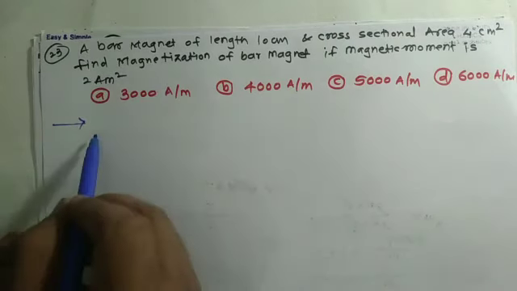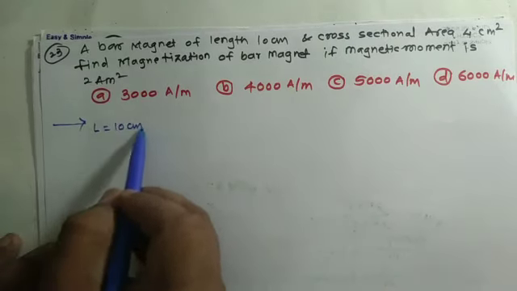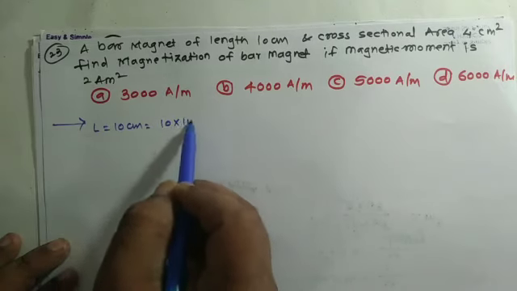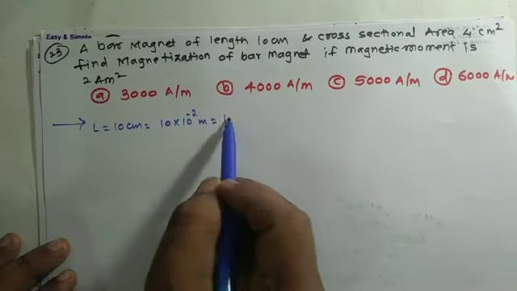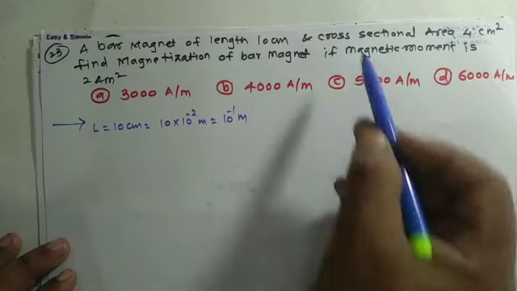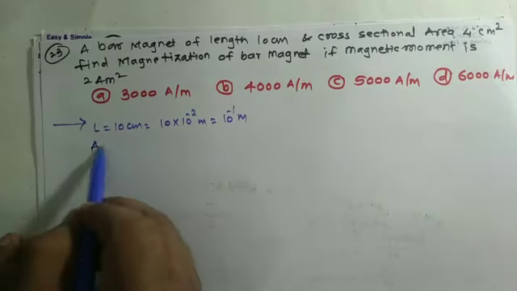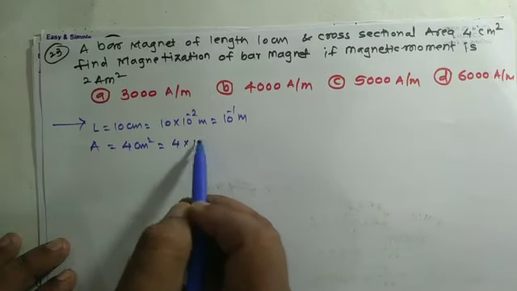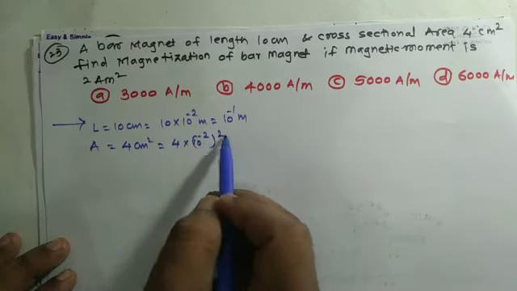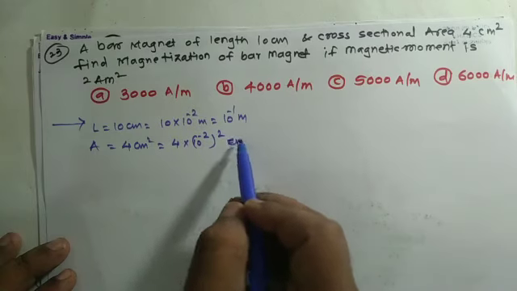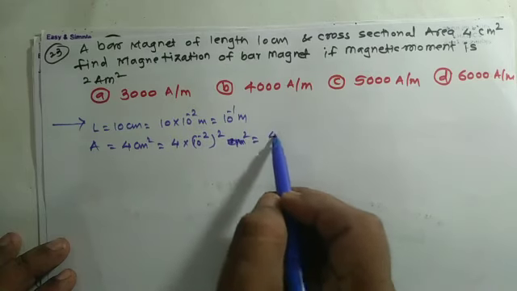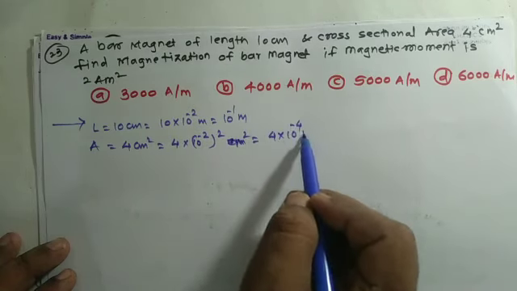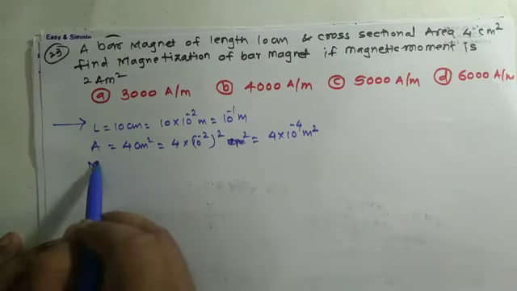Bar magnet of length 10 centimeter is equal to 10 into 10 raised to minus 2 meter, which is 10 raised to minus 1 meter. Cross sectional area is given as 4 centimeter square, which is 4 into 10 raised to minus 2 bracket square, which is equal to 4 into 10 raised to minus 4 meter square.